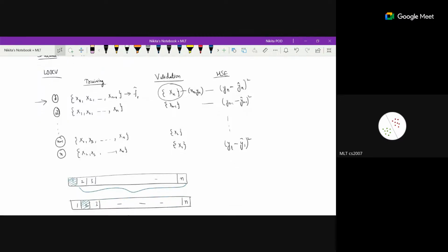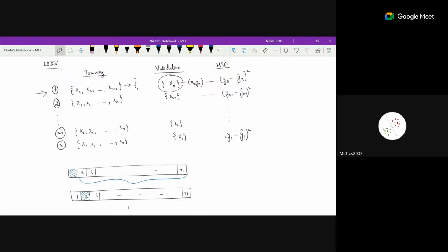Now, the overall estimate, the cross validation estimate that you get for leave one out cross validation, is the average of all these mean square errors that you have found, which is 1 upon n times the sum over (yi minus yi hat) square, i varying from 1 to n.